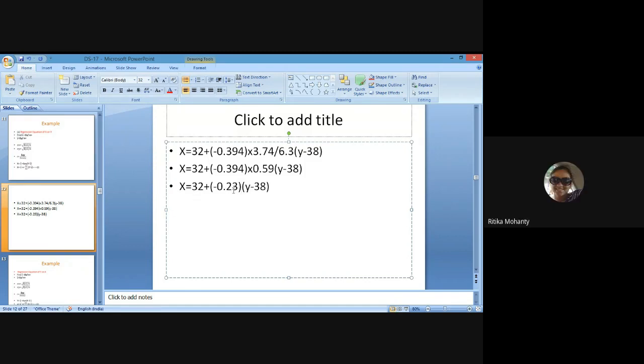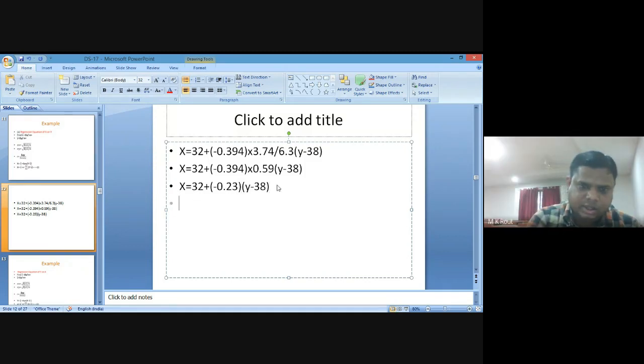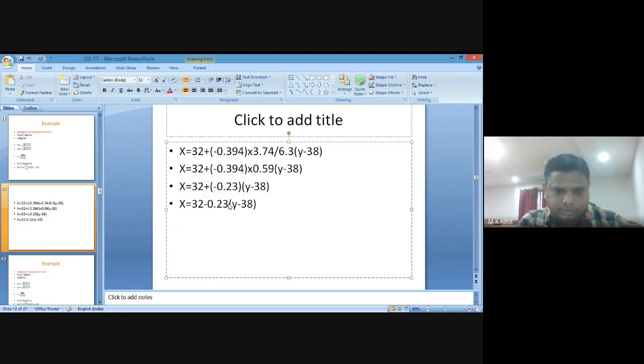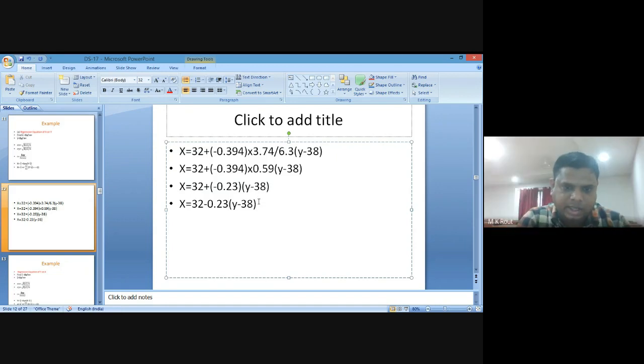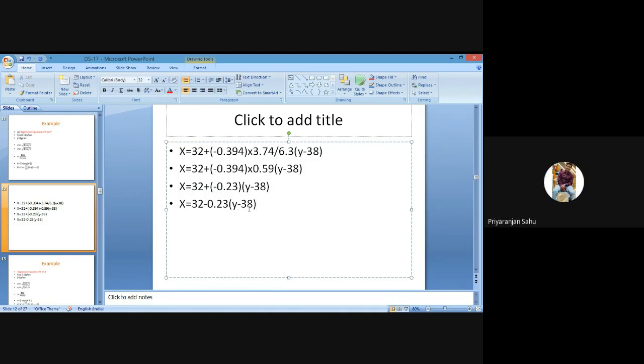Okay, I just write that equation like this. That is 32 minus 0.23 into y minus 38. Is it clear? Yes, sir. Then calculate the next step. 32 minus 0.23 times, better you multiply.